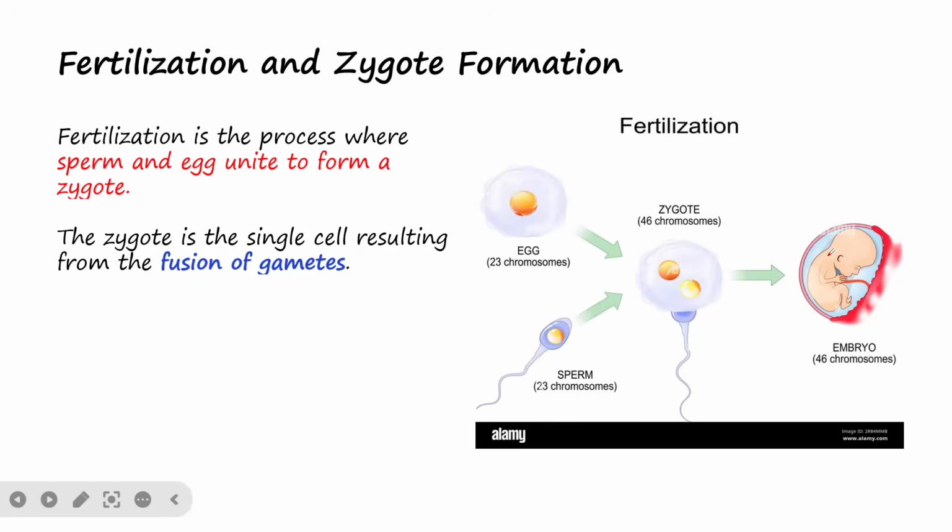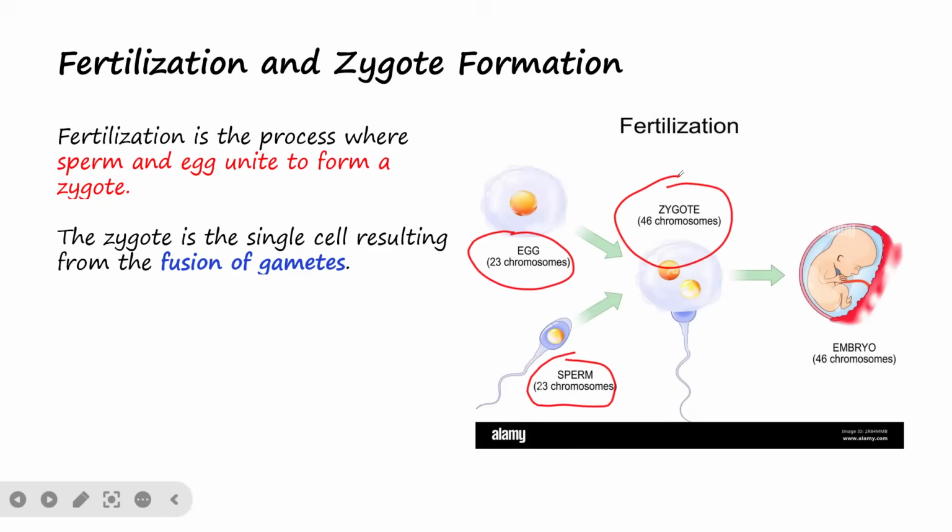You can see this is the egg cell and the sperm cell. The egg cell contributes 23 chromosomes. Also, the sperm cell contributes another 23 chromosomes, which subsequently leads to the development of the zygote with 46 chromosomes. And this zygote is a single cell.